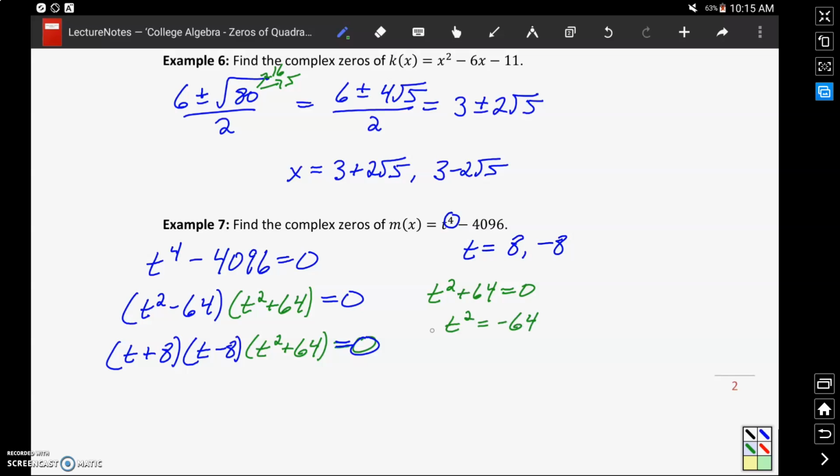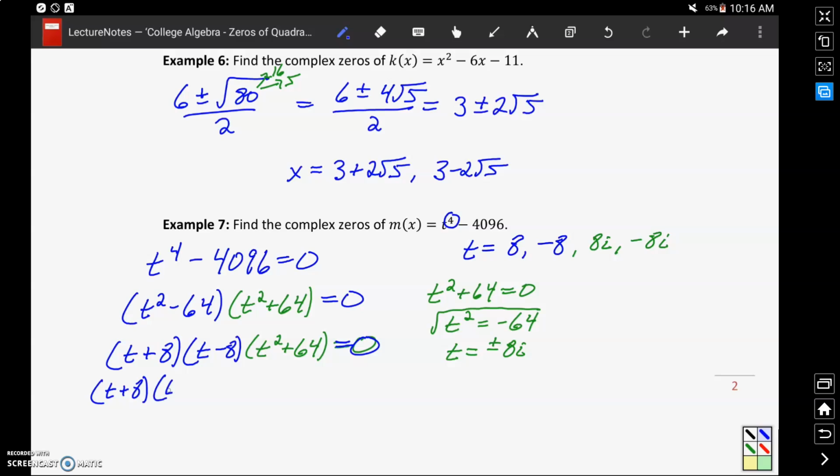Subtract 64 to the other side and take the square root of both sides to get t is equal to plus or minus 8i. So that gives us our two remaining zeros, 8i and negative 8i.